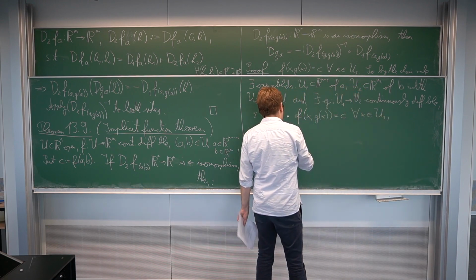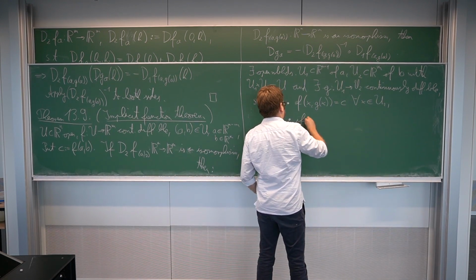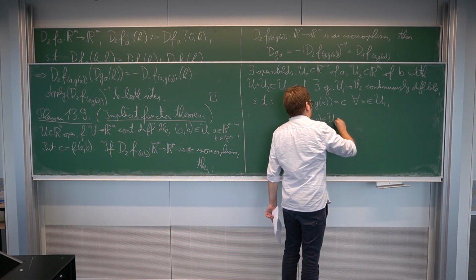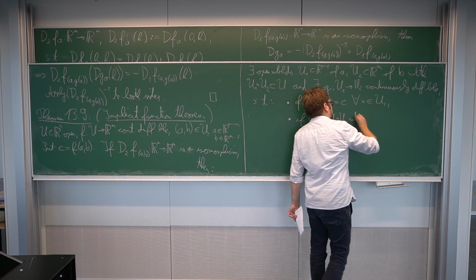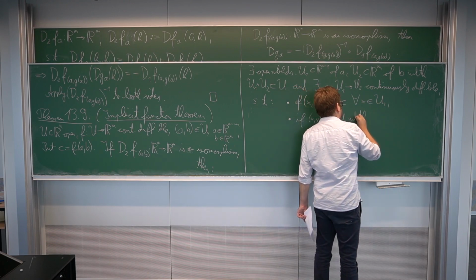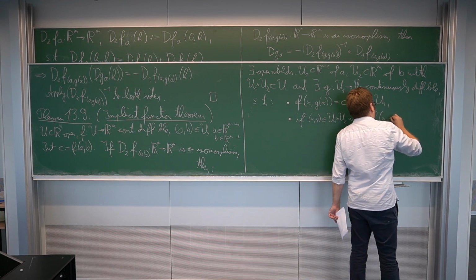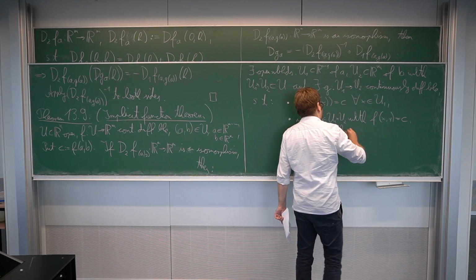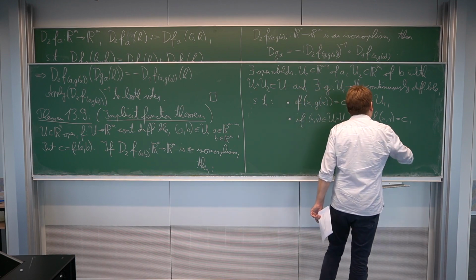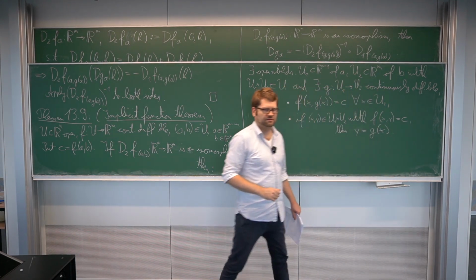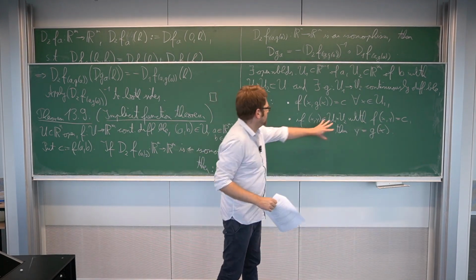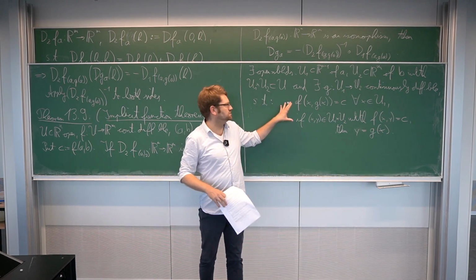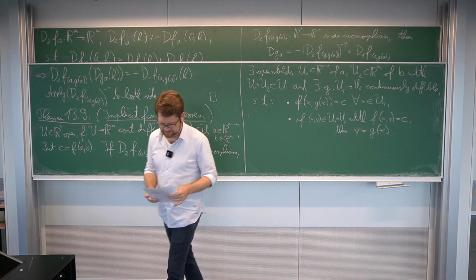And secondly, if (x, y) is in U1 times U2, and it is a solution of this, with f of (x, y) equals c, so it also fulfills this equation, then y must be g of x. So we get all solutions in this local part by just taking a look at the graph of g. So locally, the solution set here looks like the graph of g.